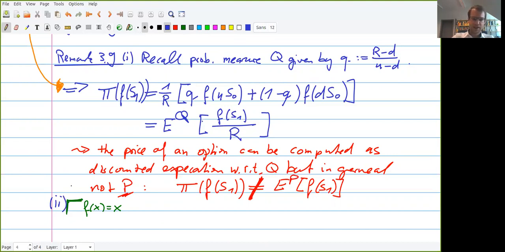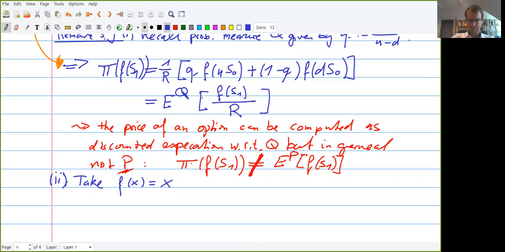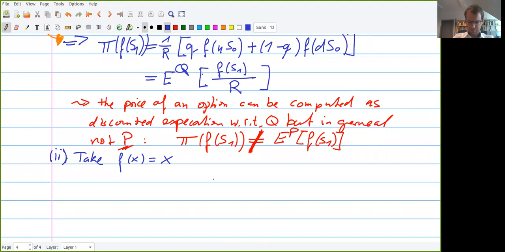So if you take now F to be the identity function, and we'll label this, and we apply, let's say, star, what do we get?